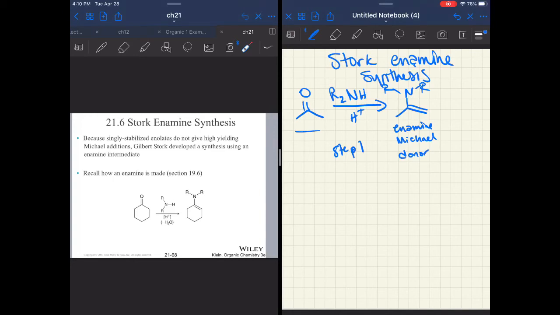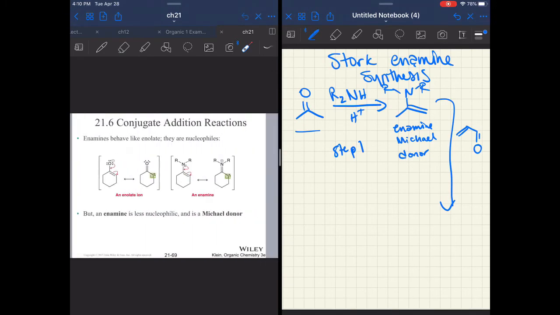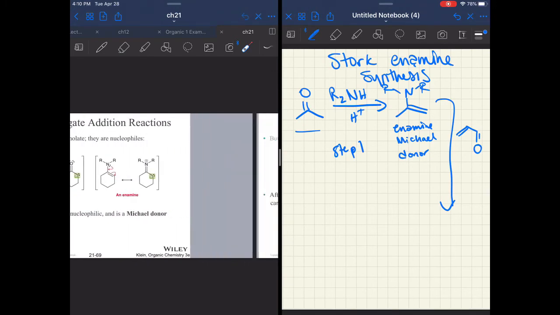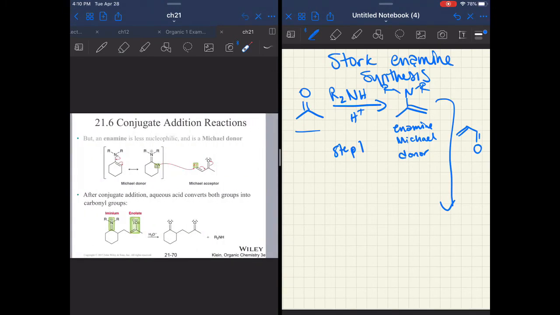So from here, we're going to add in a Michael acceptor. All right, and I'm just going to do a simple Michael acceptor. It doesn't really matter. Here we go. Now, what's important to recognize? What is actually doing the attacking? You are getting the attack from the double bond to the beta position.